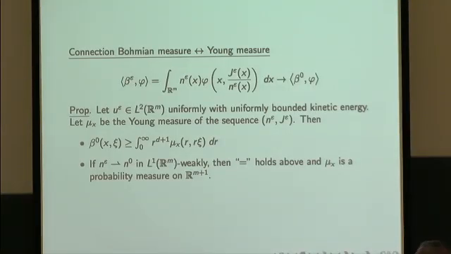And there's a very straightforward consequence which basically says that, first of all, it gives you a lower bound on the limiting Bohmian measure, which can be just computed in a straightforward way from, as I said, the Young measure associated to the sequence. And additionally, if the sequence n epsilon converges to n0 in L1 weakly, then you have an equal sign here. And the reason for this is simply that Young measures deal very well with oscillations, but they don't deal well with concentrations. Okay, and this is the price that you have to pay.